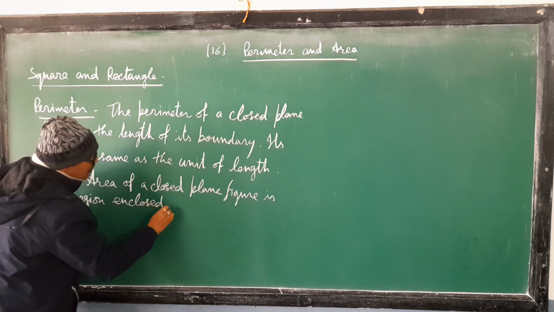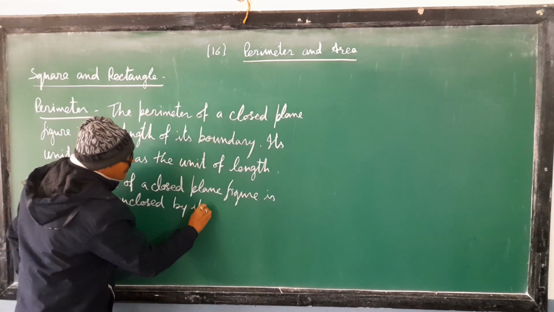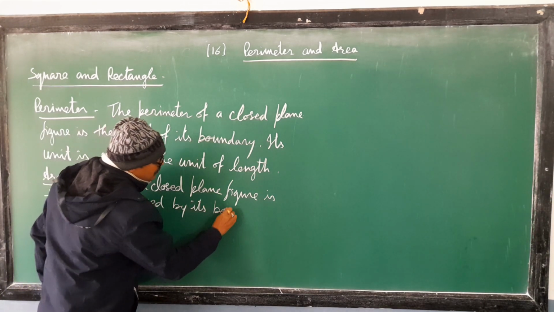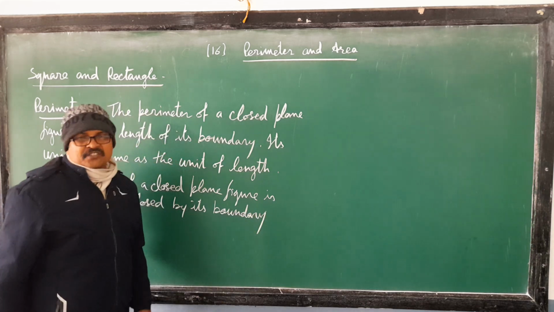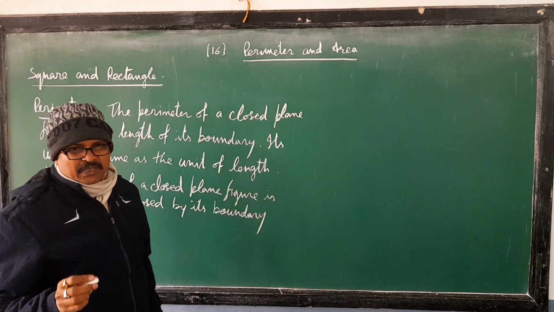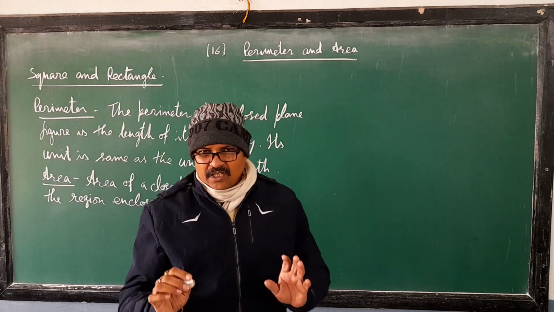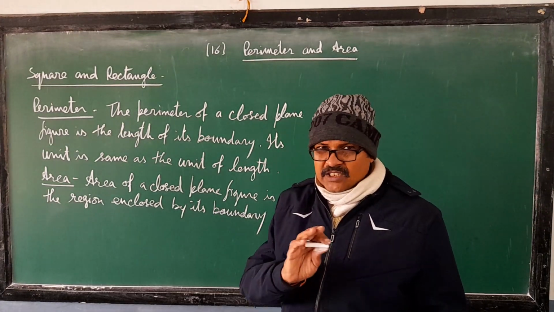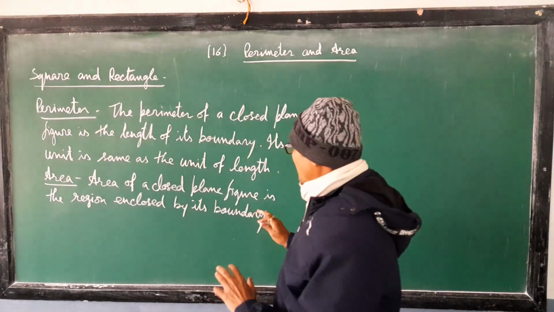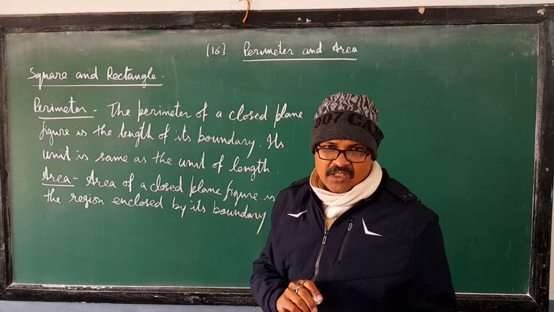And what are its units? If length is given in meter, then the unit of area will be meter square. If length is given in centimeter, then the unit of area will be centimeter square.